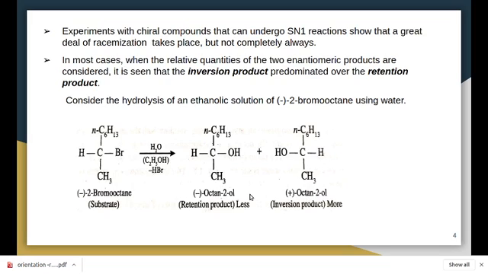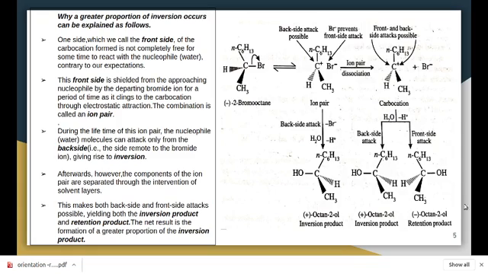So a racemic mixture is not the final product. More inversion product we will get in the case of SN1 reaction, not a racemic mixture. Why a great proportion of inversion occurs can be explained as follows.